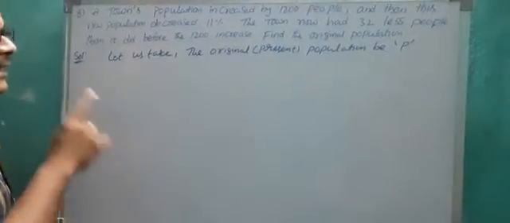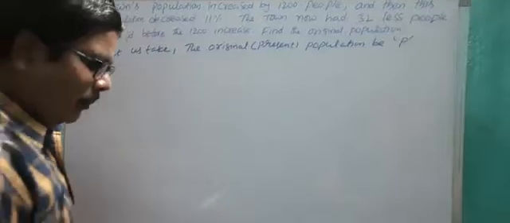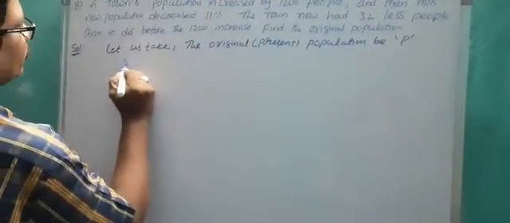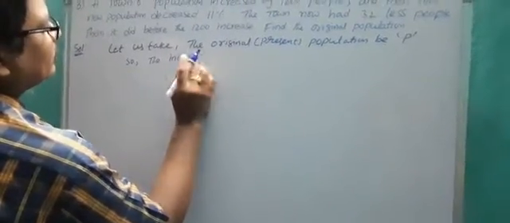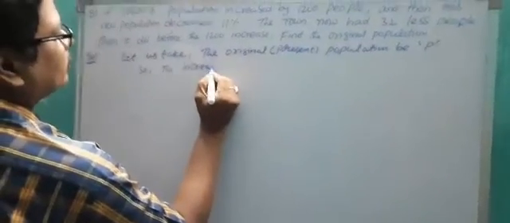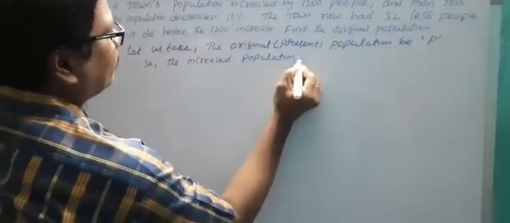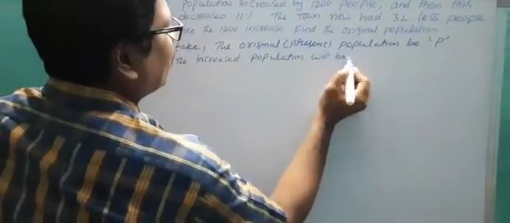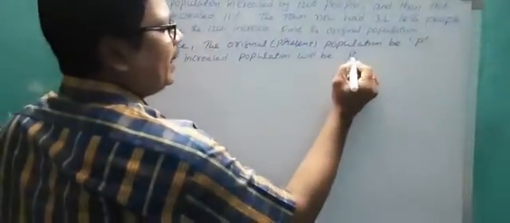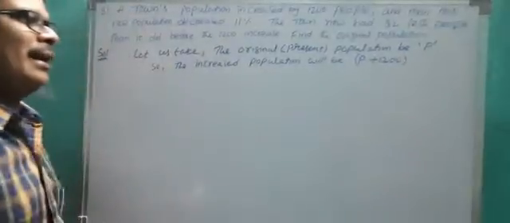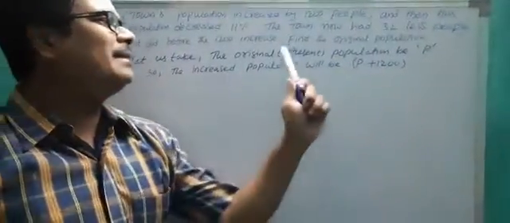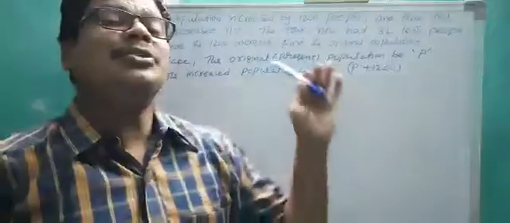Now the increased population will be, okay, original population P, how much did people increase? 1200 people. So P plus 1200. So the increased population will be P plus 1200.